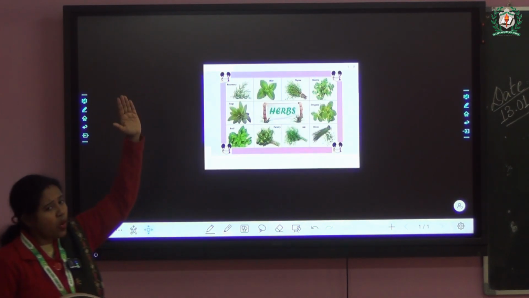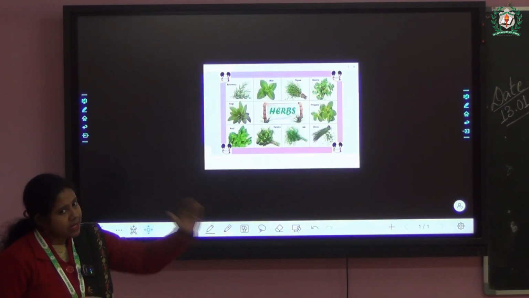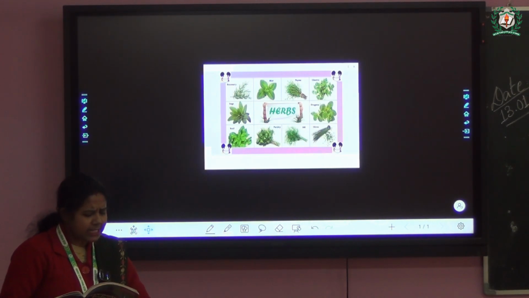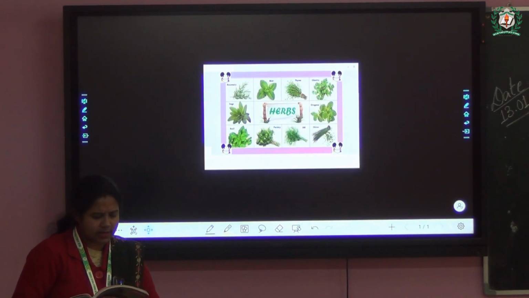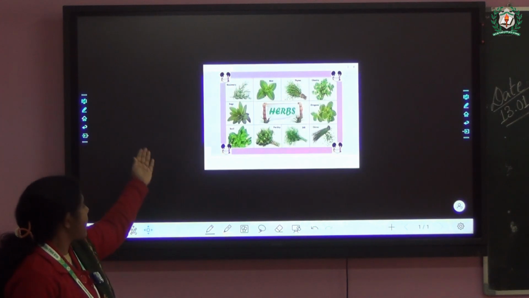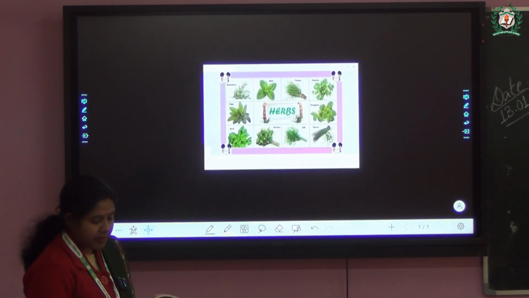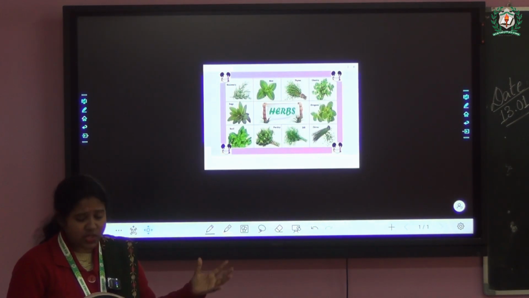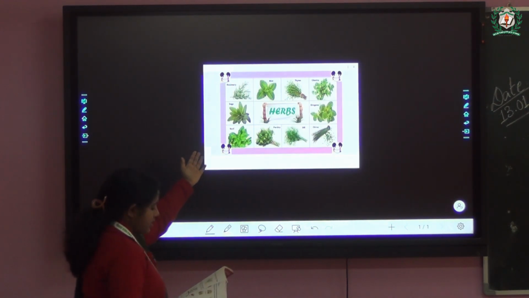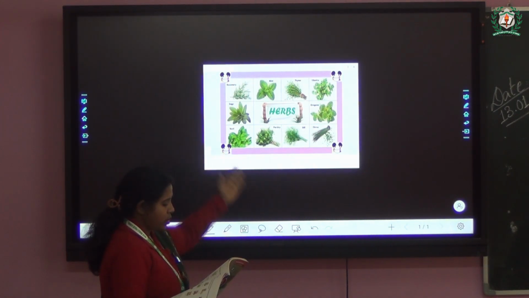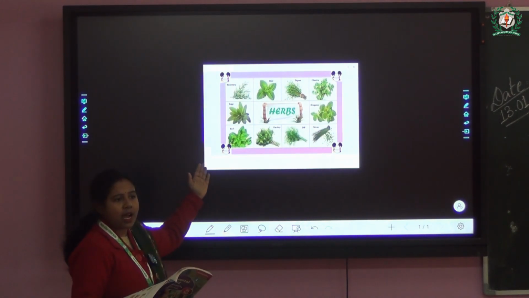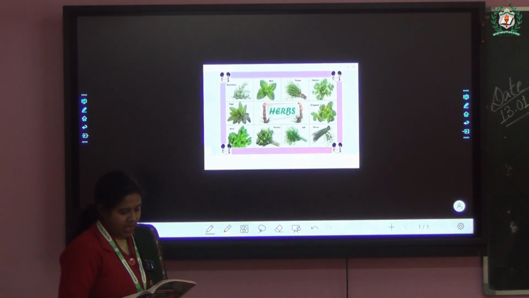Trees are so big, then come shrubs, then come herbs. So herbs are small plants, and their stems are green. See, all have greenish stems. They are very soft, and these plants also grow in a bunch. Okay, these plants are known as herbs.